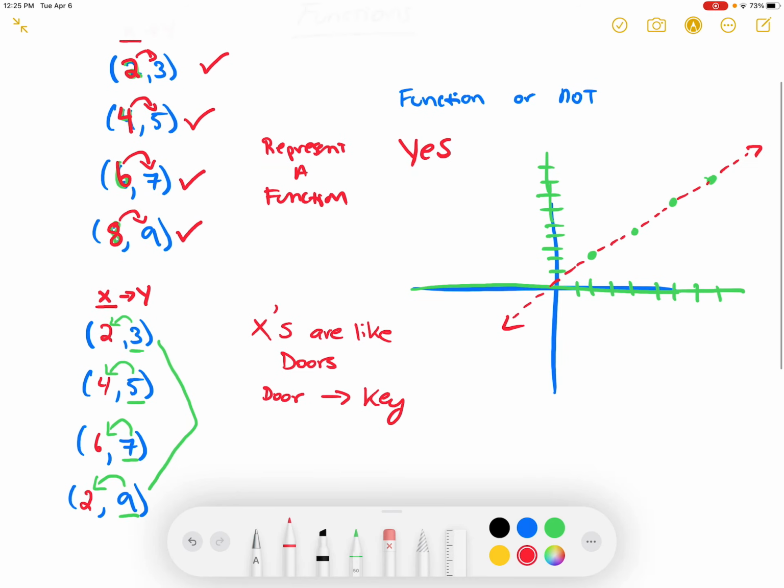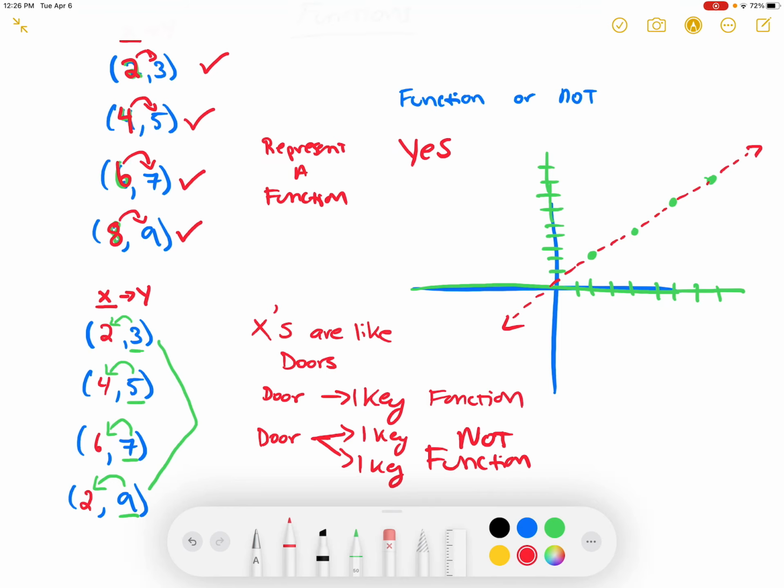That's what makes a good door, right? If a door has multiple keys that open it, it's a bad door. If it has this key and this key, well, we say that's a bad door. And so it does not work. It does not function. Not a function. That works for me, I guess. One door, one key, it functions. If one door has two keys, not a function.